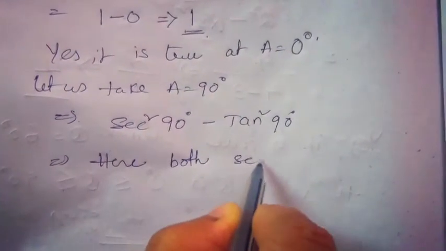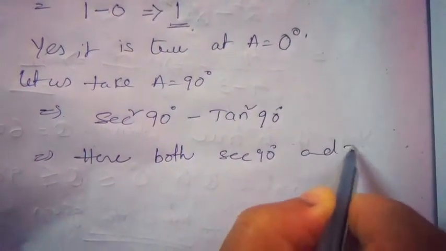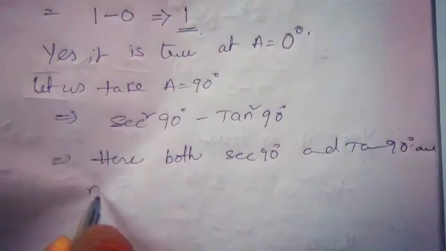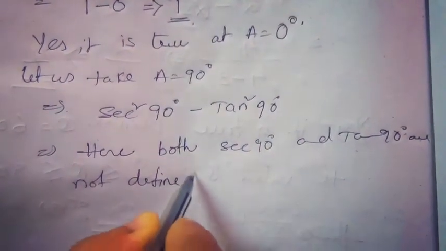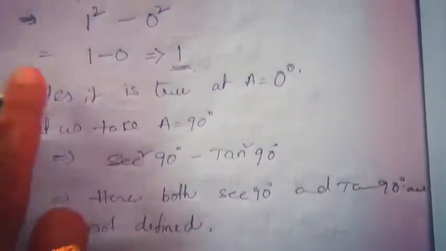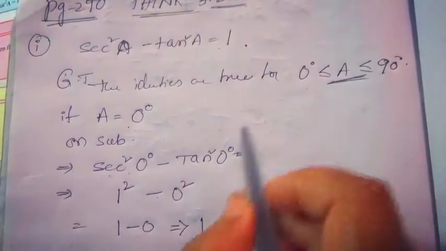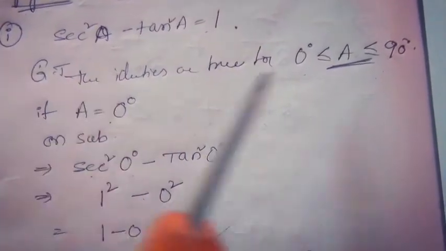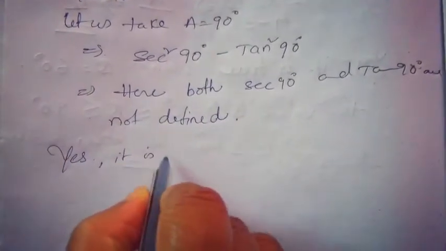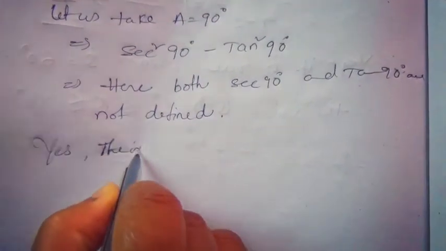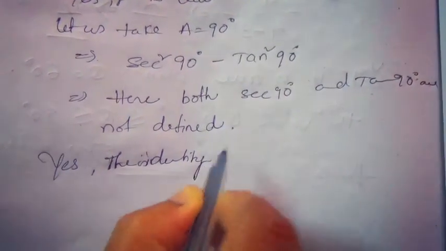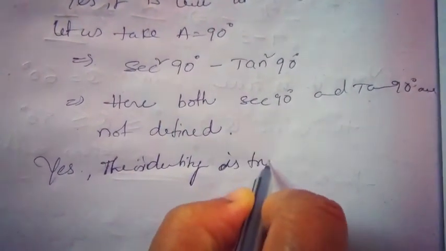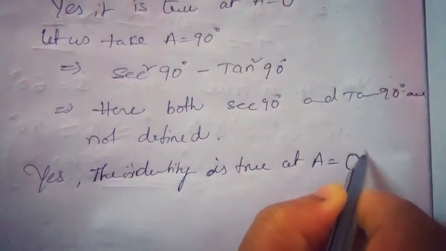Both secant 90 and tan 90 degrees are not defined. So for these two I checked the value. Here at 0 degrees the given condition is satisfied. Yes, the identity is true at a is equal to 0 degrees.